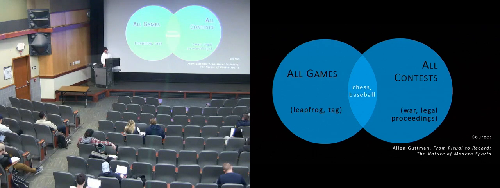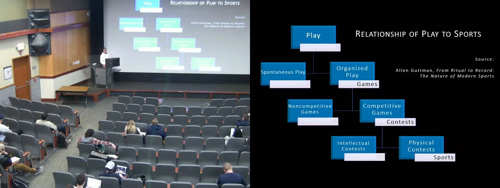So finally, in order to make distinctions within that overlapping area, Professor Gutman employed the distinction between mind and body that we discussed last week to separate intellectual contests, like poker or chess, from physical contests, like baseball or soccer. So, if we're following him in his thinking, we're going to conclude that sports are a physical form of organized competitive play.